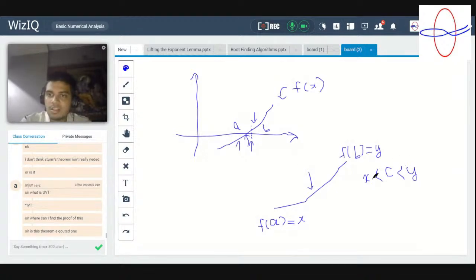Then for all z that lies between x and y, there exists at least one value c such that f of c is equal to z, where z is between x and y.